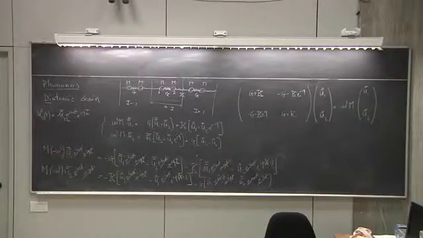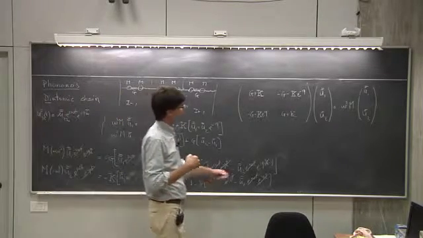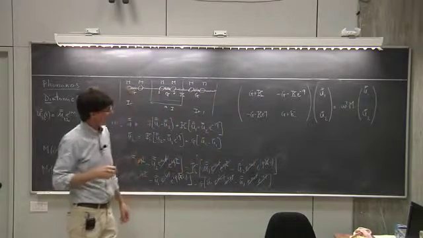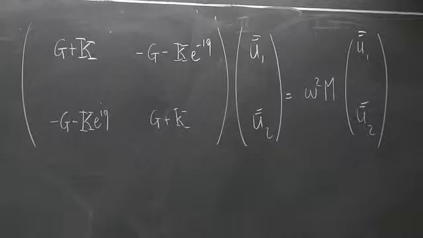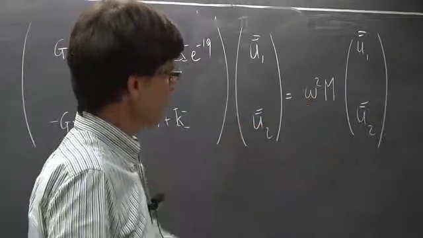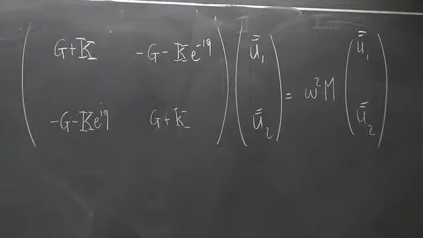So now instead of having a single linear equation, we have two linear equations coupled. And the problem from a mathematical point of view becomes equivalent to a diagonalization of a 2 by 2 matrix.